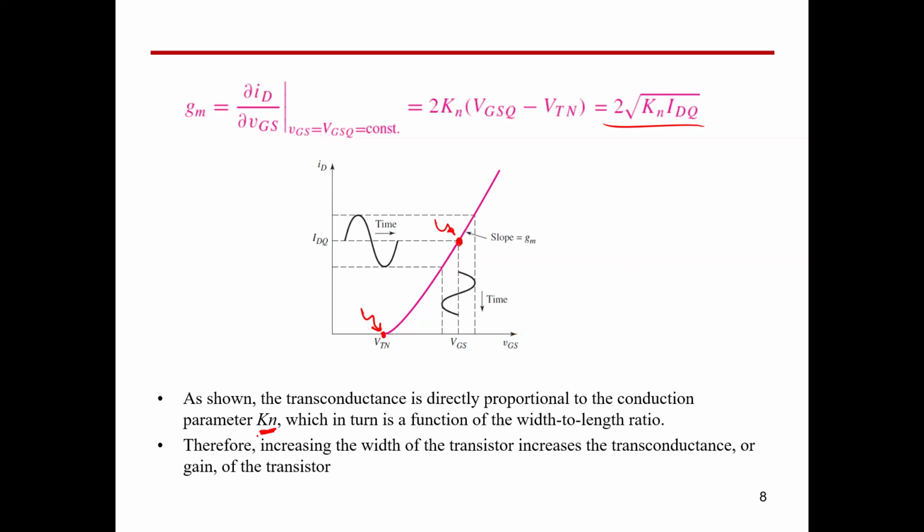And you know that the conduction parameter depends on the die of our MOSFET, so the channel dimensions, which depend on the width to length ratio, so W divided by L ratio of our channel. So if you would like to have more transconductance, you need to have more width to length ratio, or more conduction factor or conduction parameter. Okay.